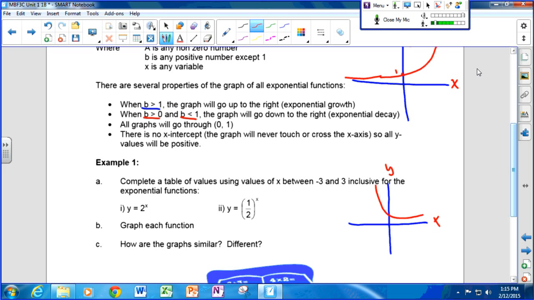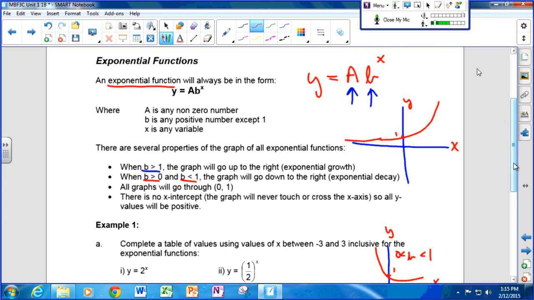And this is still 1 on the y-axis. This is for b between 0 and 1, and this one is for b greater than 1.